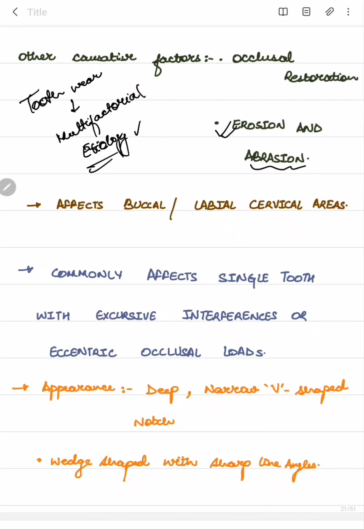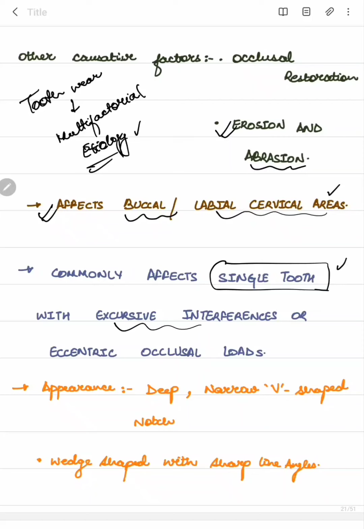Now, abfraction affects buccal or labial cervical areas of the clinical crown, right? It commonly affects a single tooth or the tooth structure which is having greater occlusal loads, right? Or with excursive interferences or eccentric occlusal loads. Now the appearance of abfraction lesion, you can say.